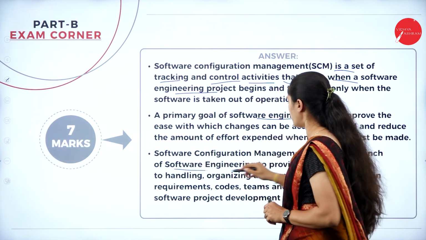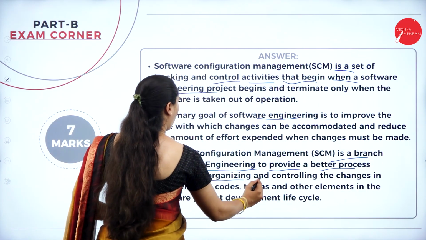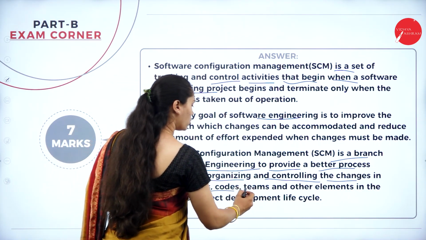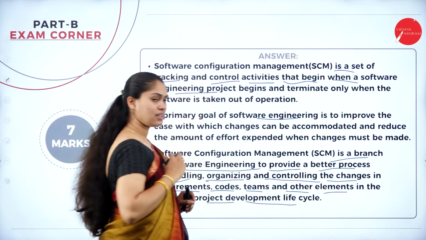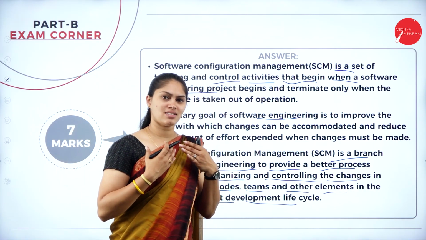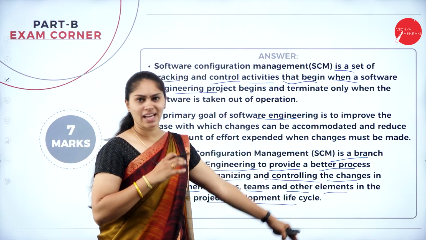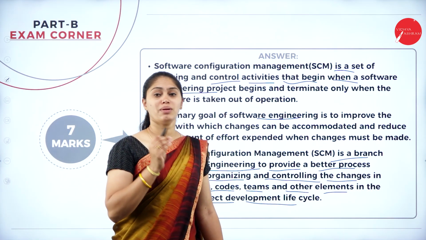It's a branch of software engineering mainly to provide a better process of handling, organizing and controlling the changes in the requirements, codes, teams and other elements in the software project development life cycle. Throughout the SDLC process, whatever changes we make with respect to the goals, objectives, team or any other element, need to be managed well.